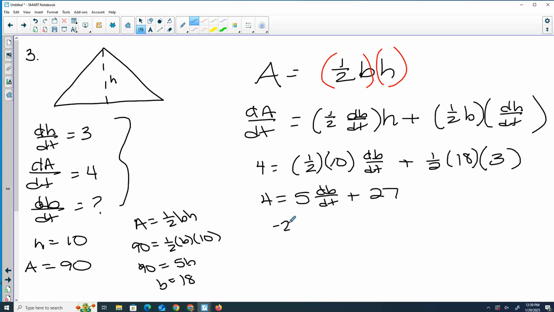So if we subtract that over and divide, dB/dt is negative 23/5. For units, b is in centimeters, t was in minutes. It's negative because it is decreasing at that instant.